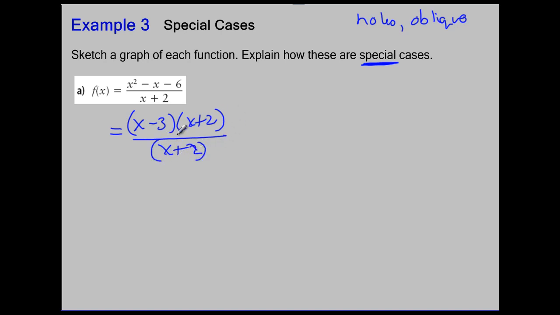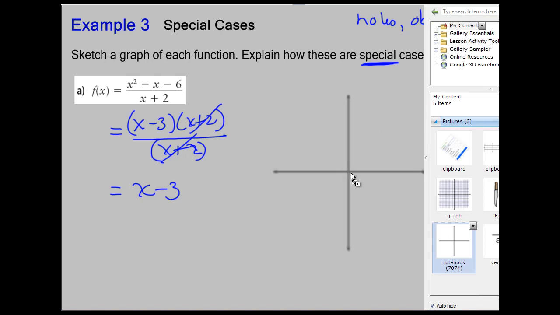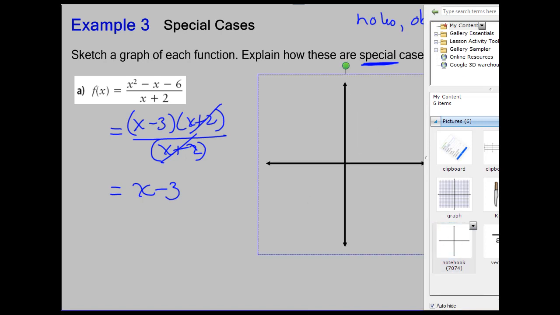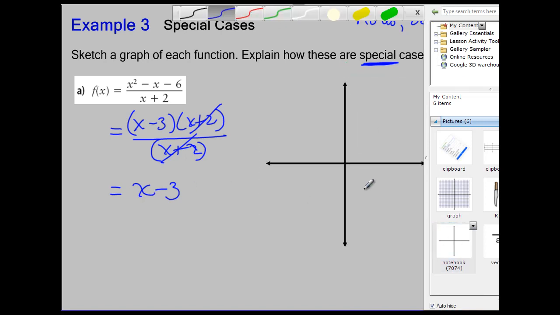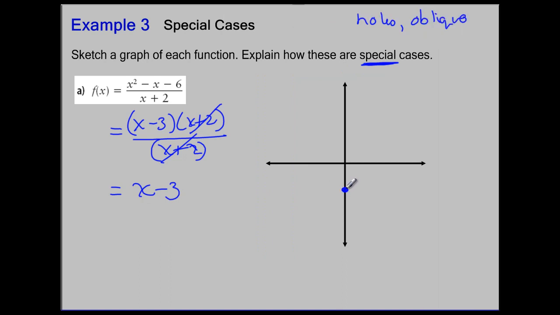Because there's multiplication between these two factors, we can just simply cancel, and our sketch is only going to consist of the line y equals x minus 3. And if we're plotting these, we have a y-intercept of negative 3 and an x-intercept of positive 3, and that gives us this straight line of y equals x minus 3.